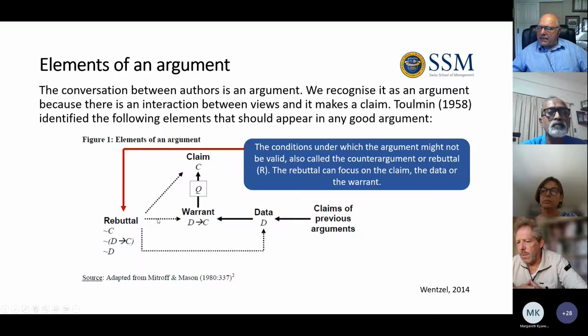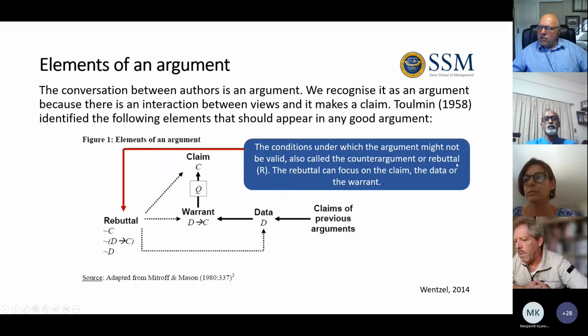And then also the rebuttal, the conditions under which the argument might not be valid, also called the counter argument or the rebuttal. And the rebuttal can focus on the claim or on the data or on the warrant. So very interesting. So when you look at your document and the arguments you create in your document, I think revisit this and see how clear your arguments really are.